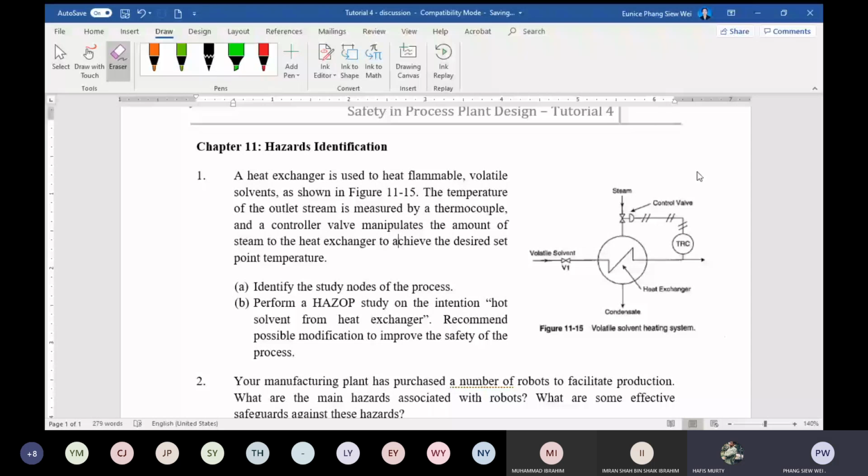If you look at the steam here, this steam coming in is to heat up the solvent. So when there is no temperature or the temperature is low, let me write low temperature. What happens means this one cannot be heated up.